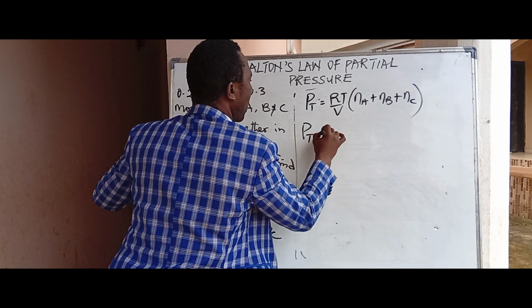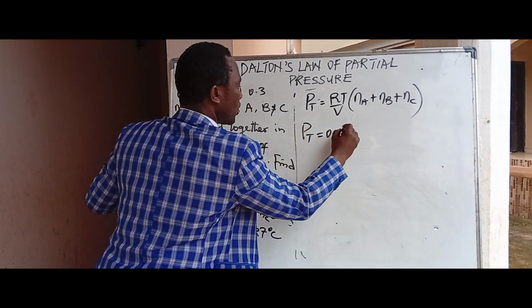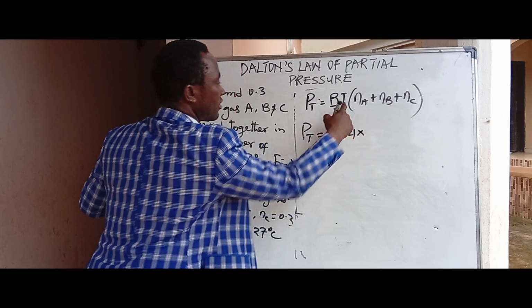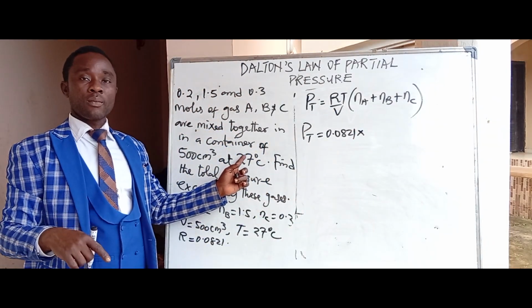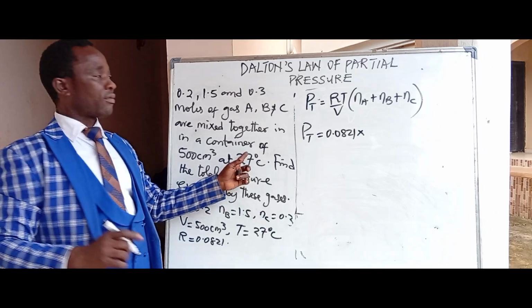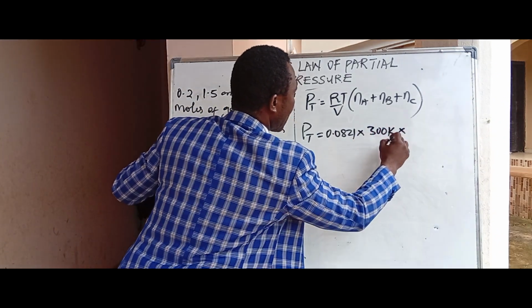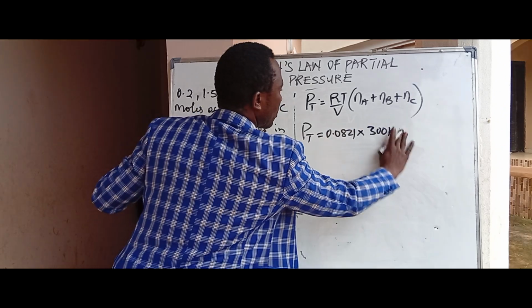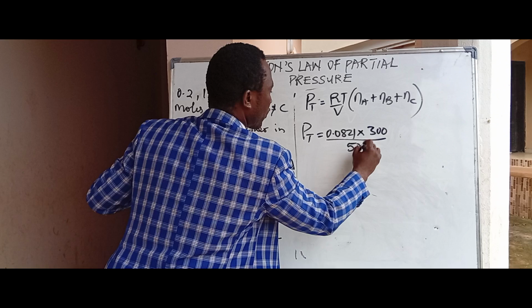So that means that the total pressure will be equal to the molar gas constant 0.0821 multiplied by the temperature. The temperature is 27 degrees Celsius. You convert it to Kelvin. 27 degrees Celsius plus 273 will give you 300 Kelvin. Then multiply by 300 Kelvin divided by the volume, which is 500.